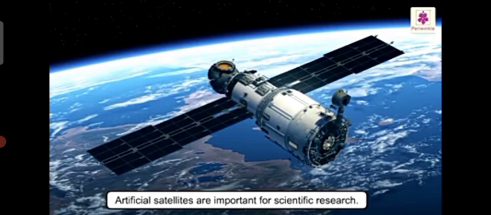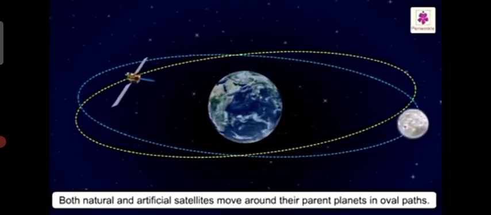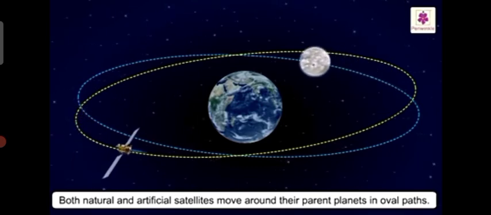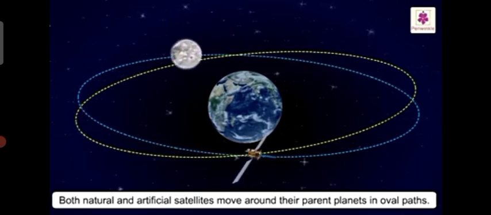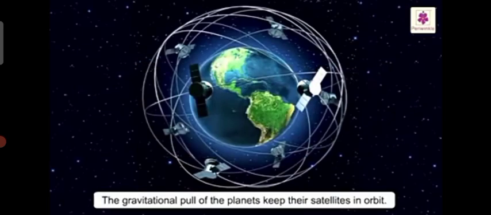Artificial satellites are important for scientific research. Both natural and artificial satellites move around their parent planets in oval paths. The gravitational pull of the planets keeps their satellites in orbit.